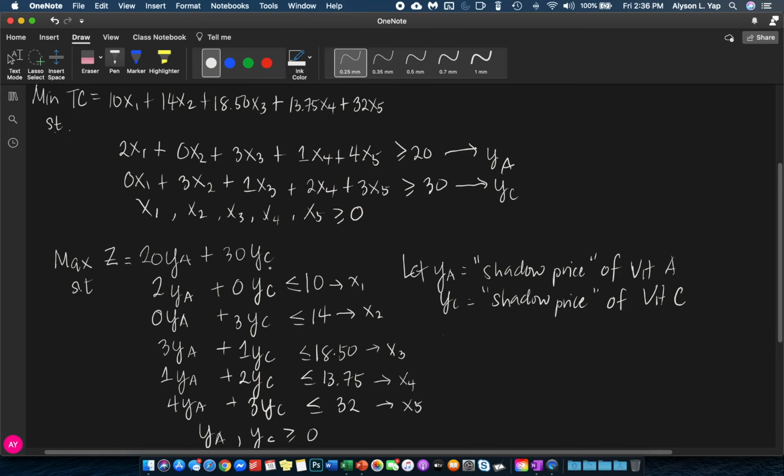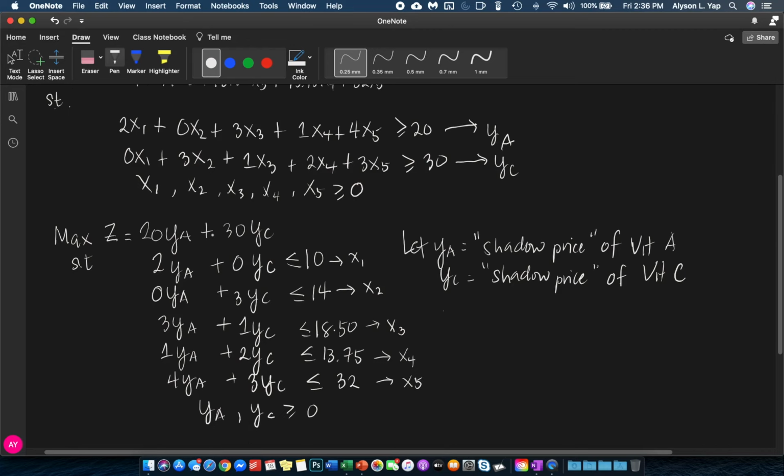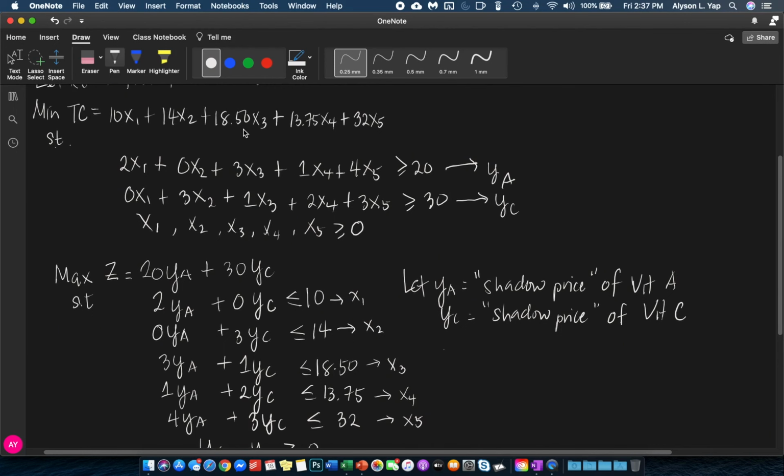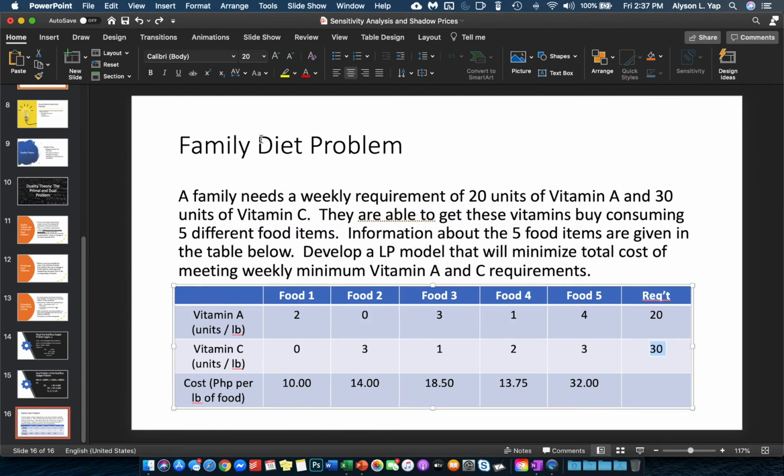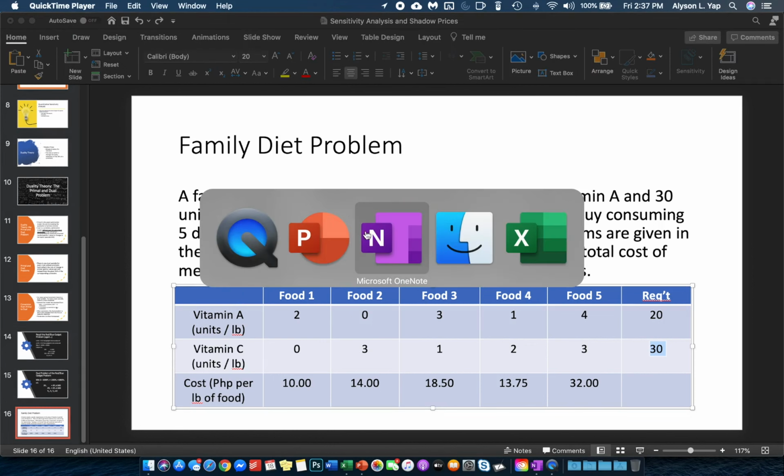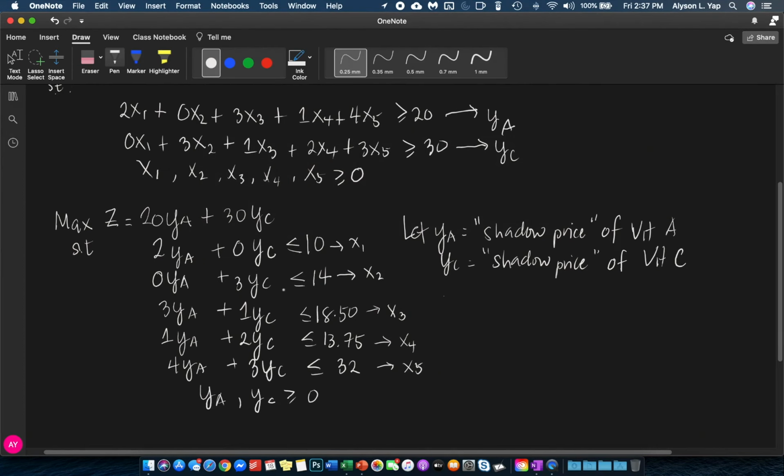Now, in order for us to understand the dual problem, it is important to understand first who owns the problem. If the primal problem is owned by the family, meaning the family is the entity that has this diet problem, then the question now is who has this particular linear programming maximization problem?